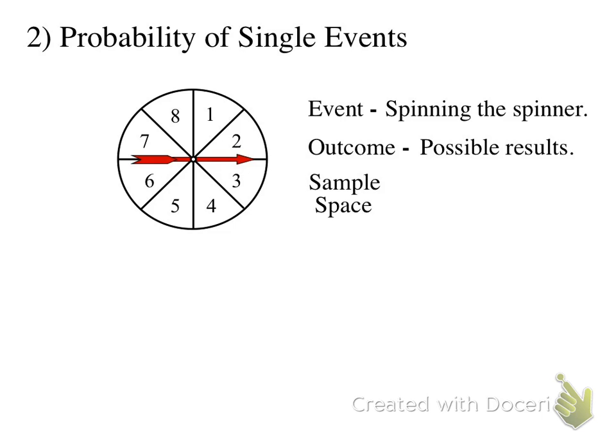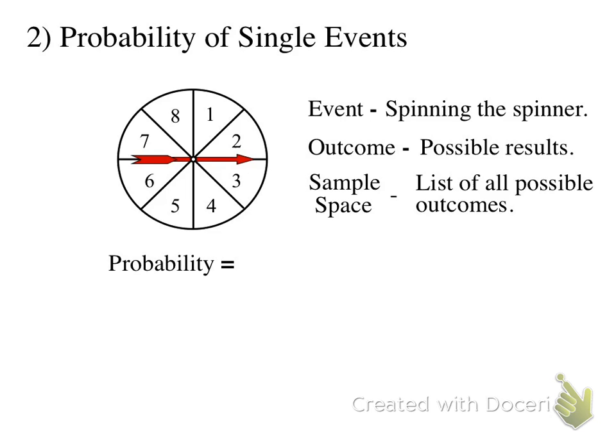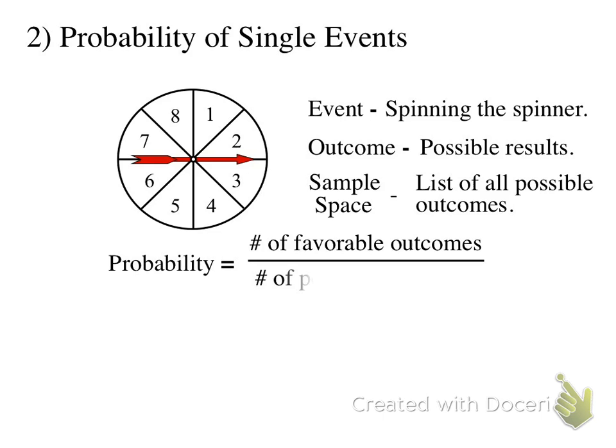Our sample space is the list of all possible outcomes. So whenever we're figuring out probability, we take the favorable outcomes out of the total possibilities, or the sample space, the number of all possible outcomes.